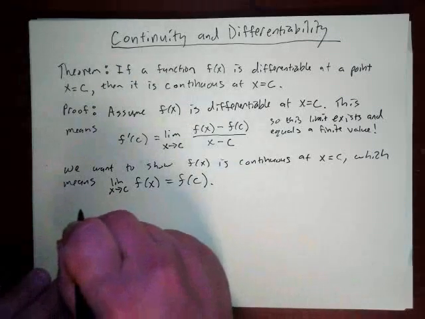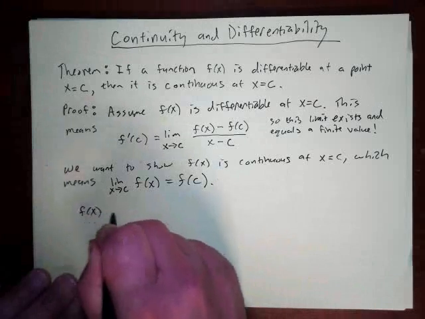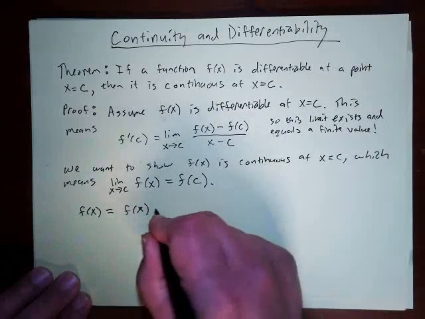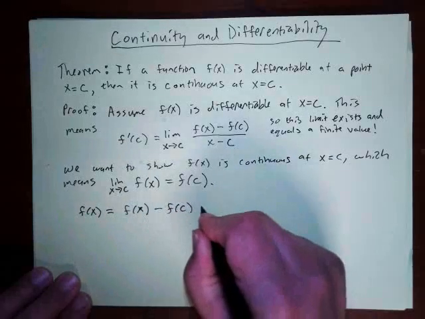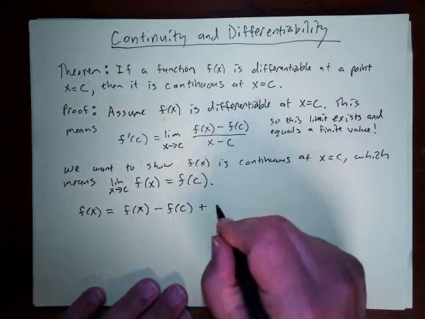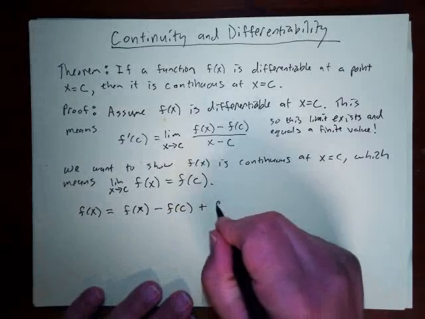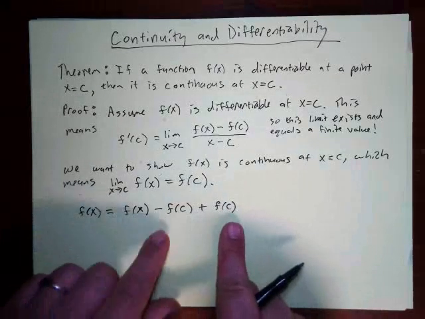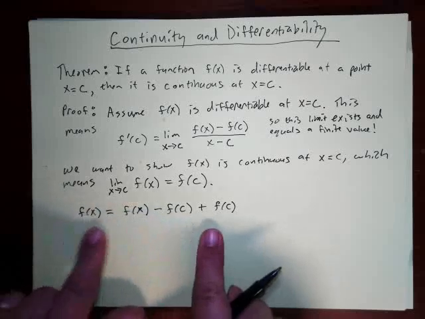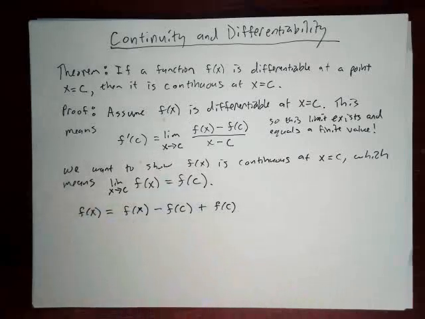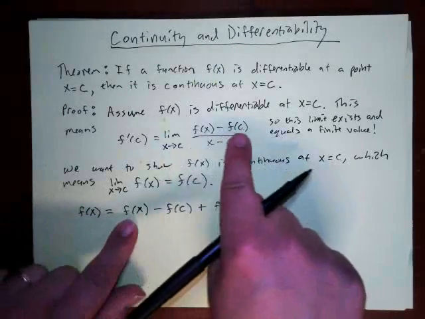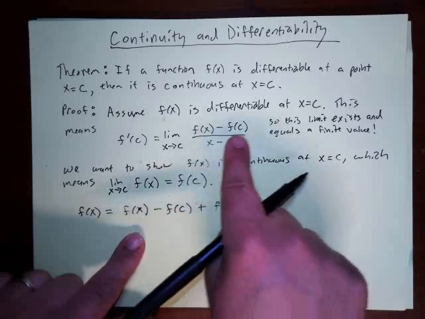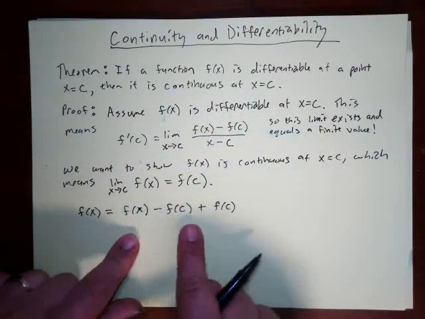First of all, I'm going to say f of x is actually equal to f of x minus f of c plus f of c. All I've done here is subtract and add the same thing. If I combine these, they cancel out, and I'm just left with f of x. The reason I'm doing this is I want to build this difference quotient inside here.